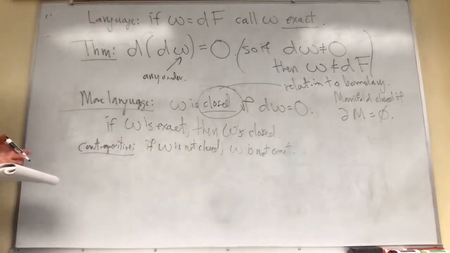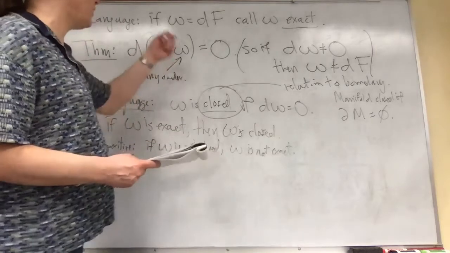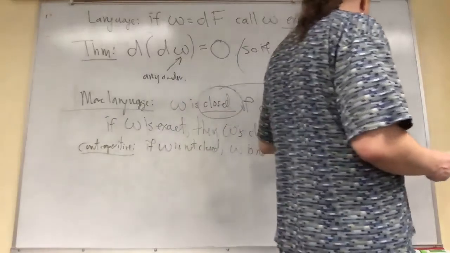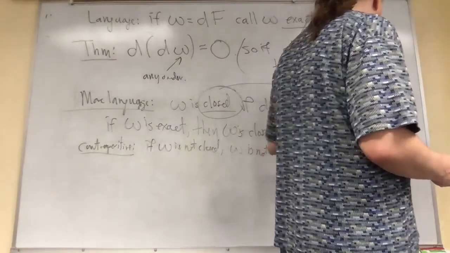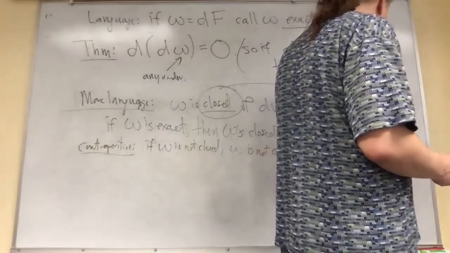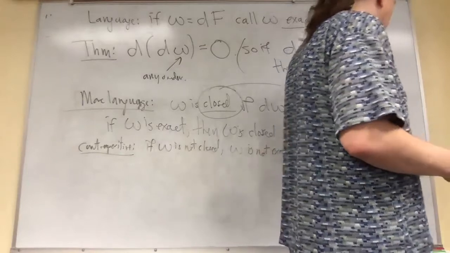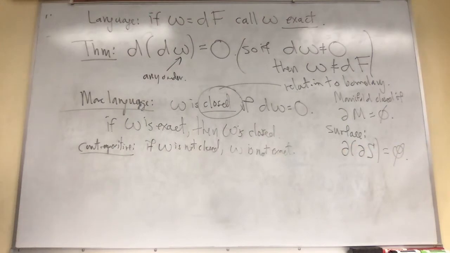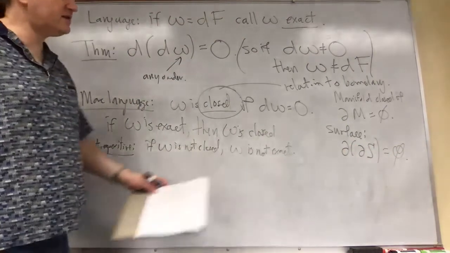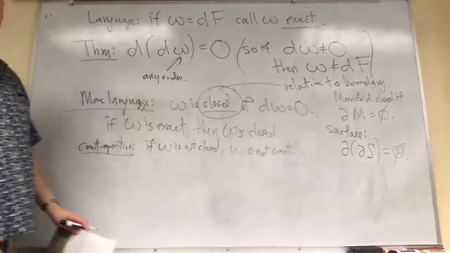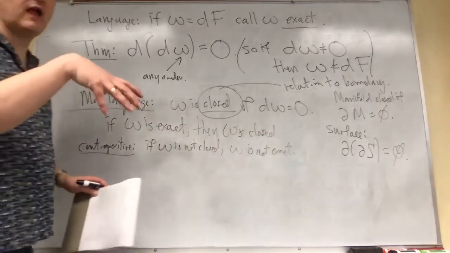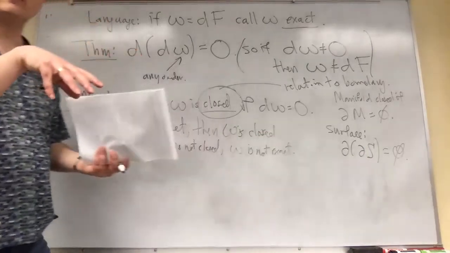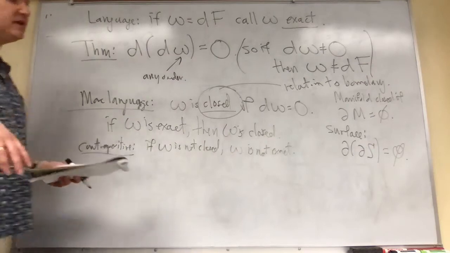And it's also interesting related to what we have here. For a surface, the boundary of the boundary is always empty, much like the derivative of the derivative is always 0. So if you think, for example, of a hemisphere, its boundary is a circle, and the boundary of that circle is empty.